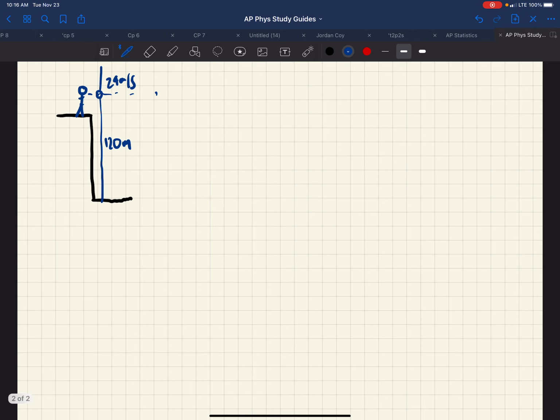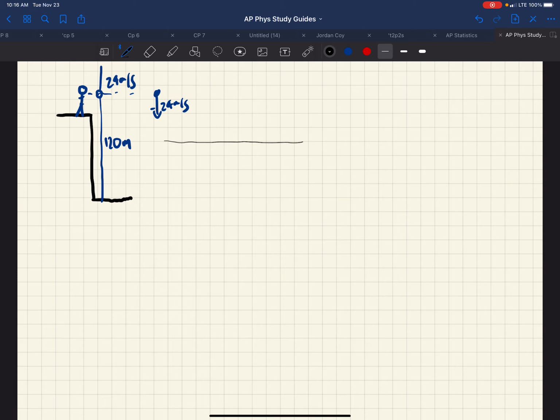So at time 2, she takes one and throws it downward at 24 meters per second, minus 24 meters per second. So this is a perfect candidate for us to understand what's going on with an average velocity table. So we have our time, 0, 1, 2, 3, 4, 5, 6, 7, 8.